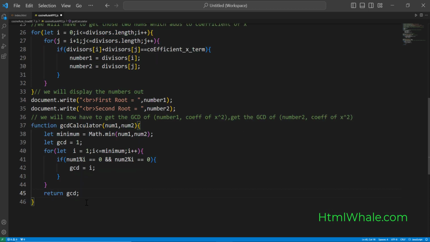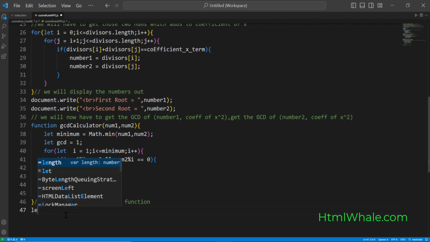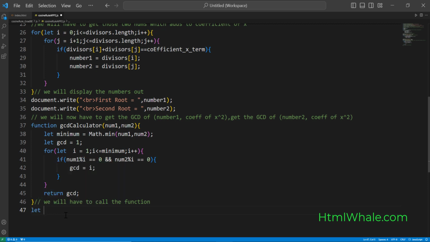Now we will have to call the function. So how are we going to call the function? I'm going to be requiring GCD of two sets of numbers. Number 1, which I have extracted here with the quotient of x squared, and number 2 with the quotient of x squared. So let me declare two variables. So this GCD is going to be performing the job of the reducer.